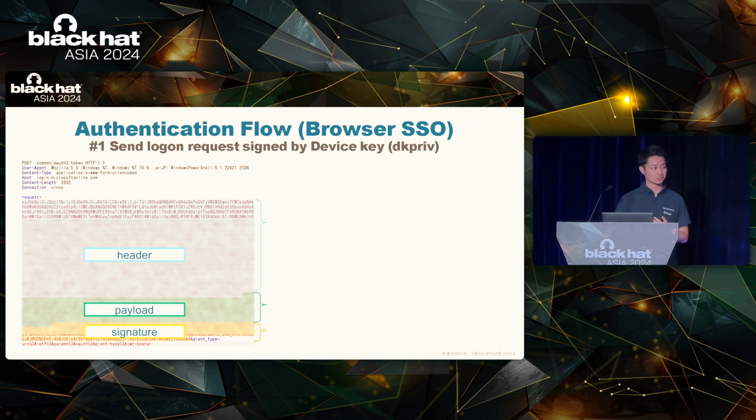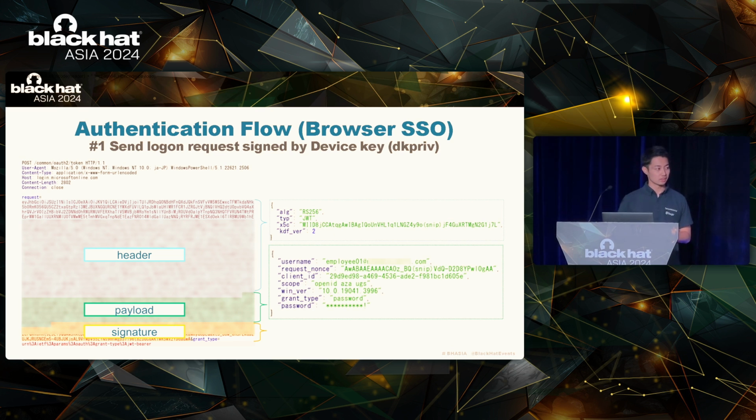The JWT has three parts, and each part is base64 URL encoded JSON values. The first one, header, defines the signing algorithm of the JWT. The second one, payload, contains the username and password for the user authentication. And the last one is the signature, which is the JSON Web Signature made by the device key. Entra ID receives this request and verifies the valid key usage of the device key and also the credentials in the payload.